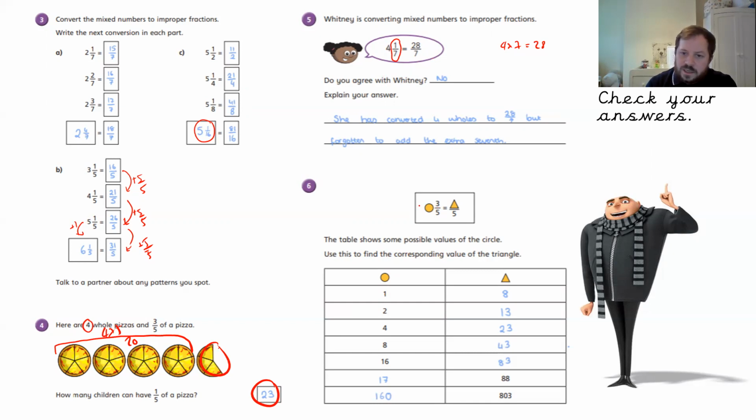Now, this is interesting because what it's saying is, if the circle is a 1, so imagine that's 1, what's our triangle going to be? That's going to be 1 times 5 is 5 plus 3 is 8. So the 8 goes there. And then you just fill in the pattern as you go down. When you get to this stage here, yes, there's a pattern between these two, but it doesn't link into the one before it.